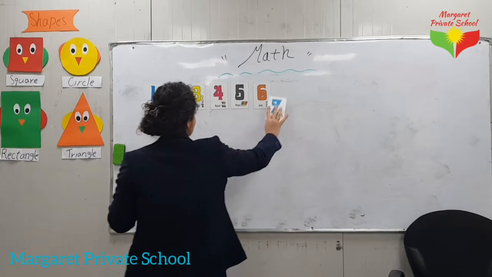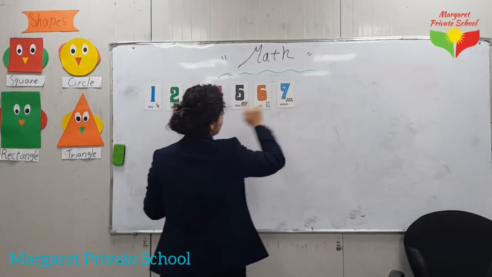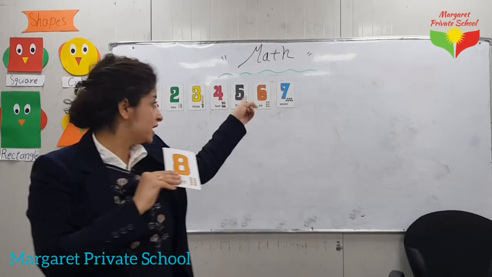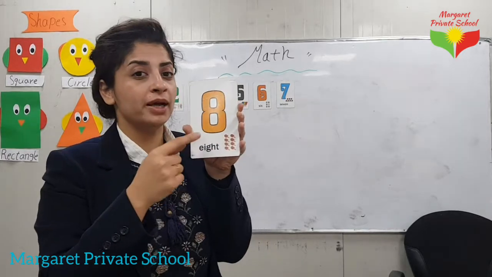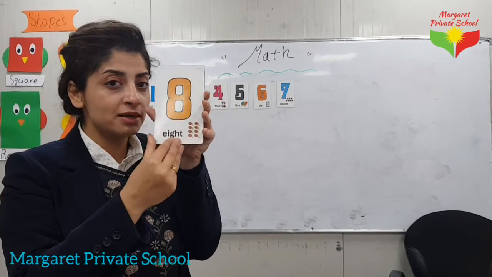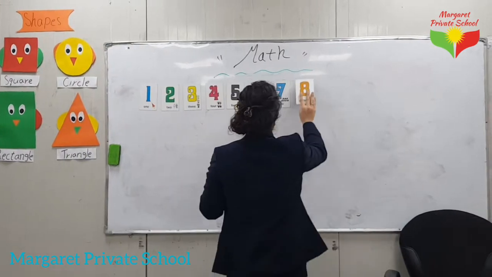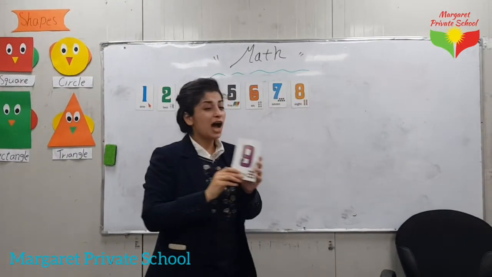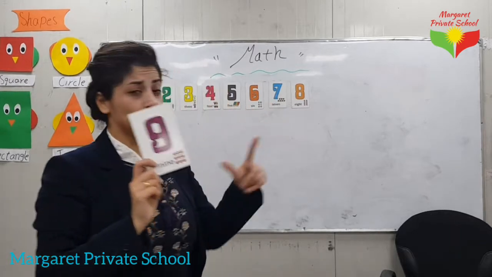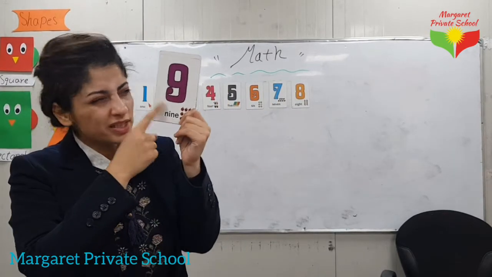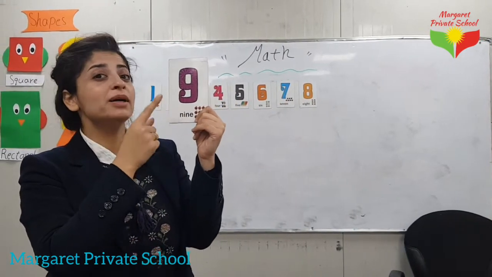What's this number? This is number seven. After seven, we have number eight. What's this number? This is number eight. After number eight, what's this number? This is number nine.